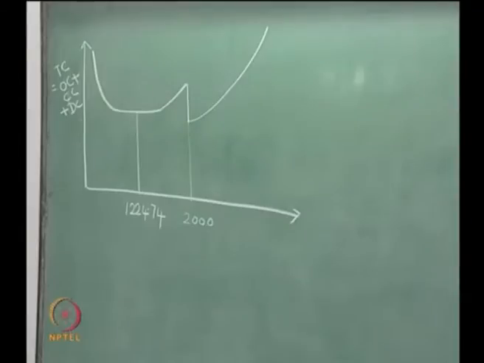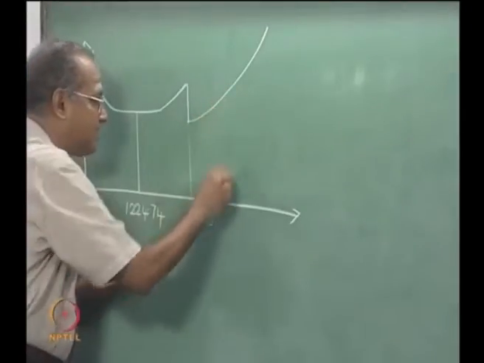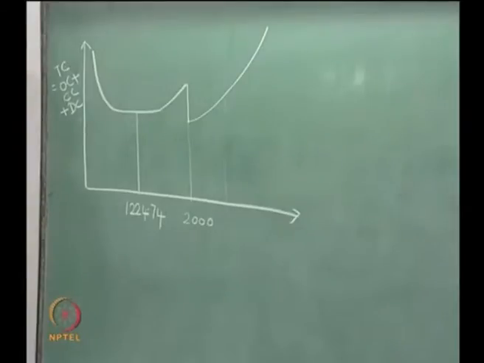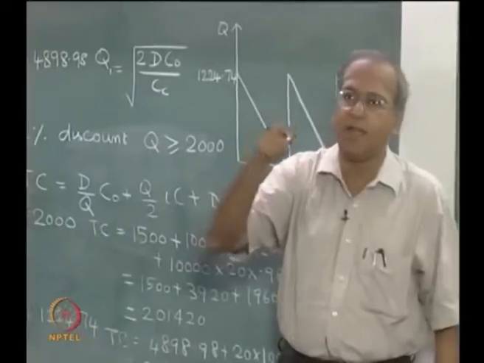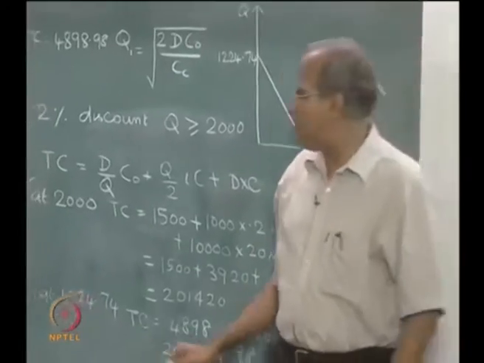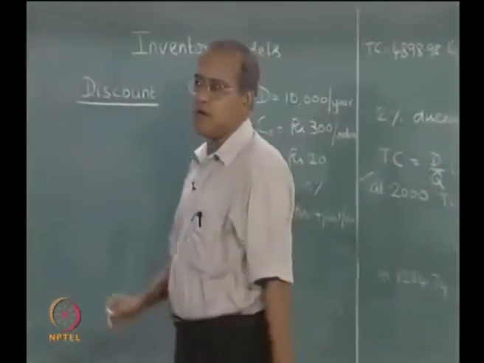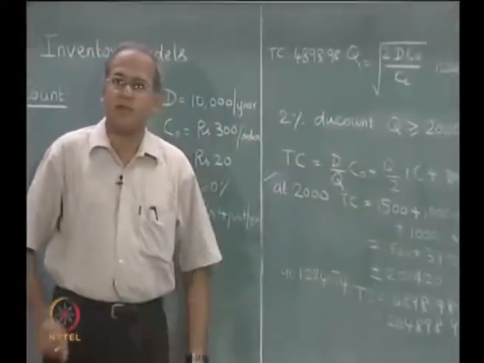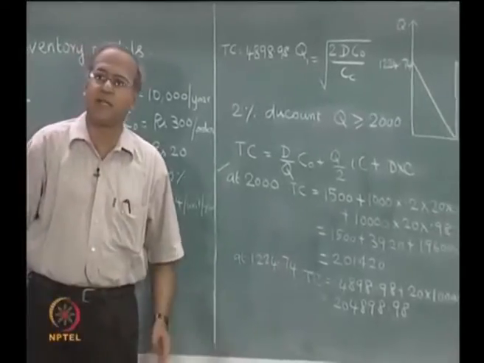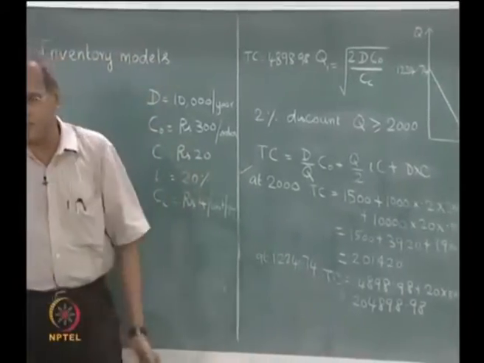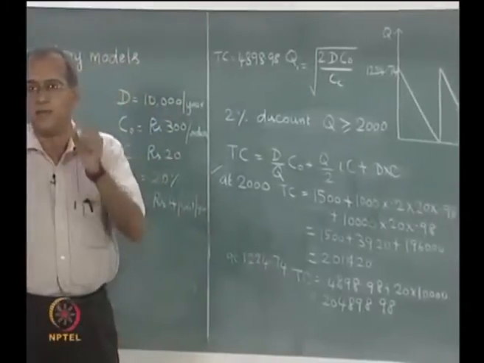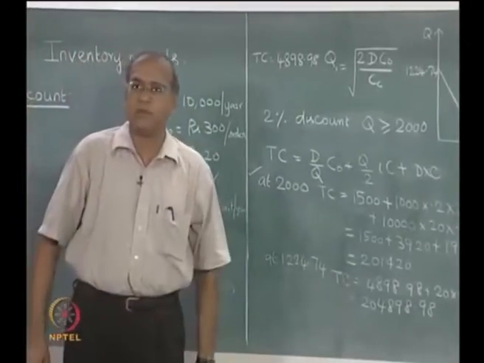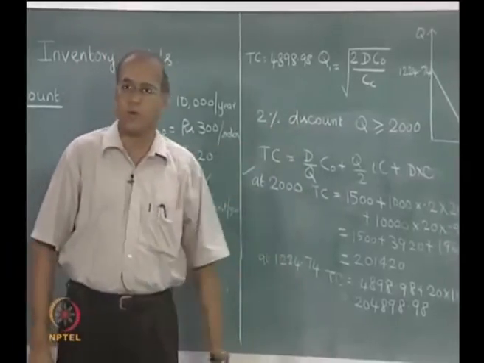Therefore, from the very nature of this graph, we will understand that it is not necessary for us to see whether we are going to avail it at 3000 or any value higher than the point at which there is a discount. The point at which there is a discount is called the price break point. So, the price break point is 2000, and therefore, we need not evaluate it at 2001 or 2 or 3000 or any value greater than that price break point to avail that discount quantity.